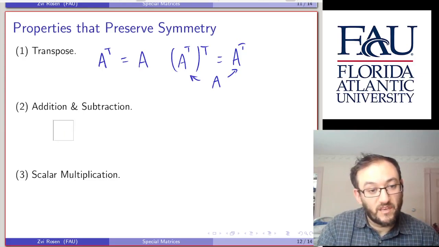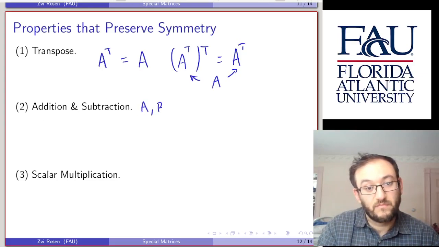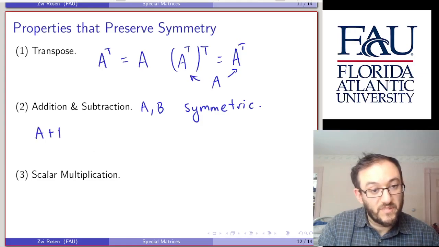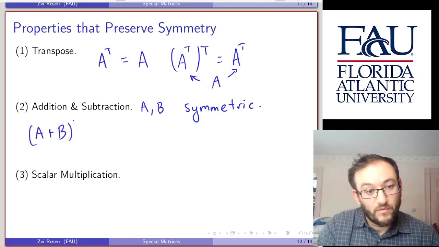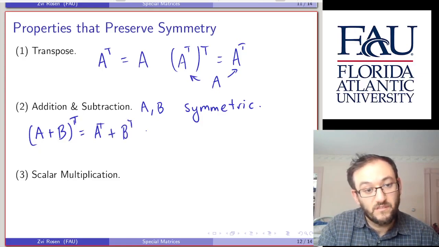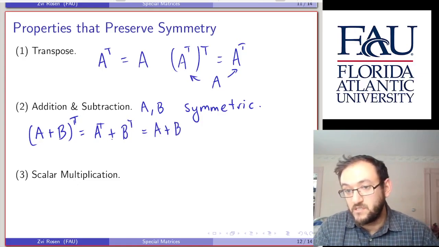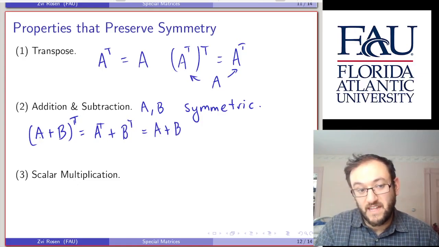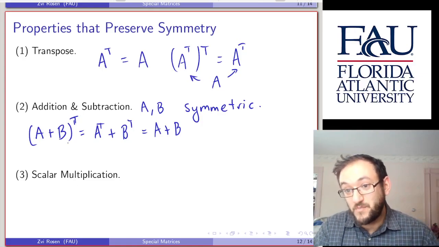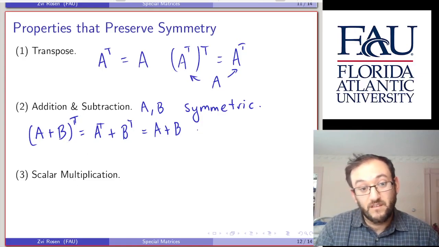Suppose A and B are symmetric. Then A plus B, the transpose of that, by properties of transpose, is going to be equal to A transpose plus B transpose. But that's going to be the same as A plus B, because both A and B are symmetric. So since its transpose is equal to itself, A plus B is symmetric.